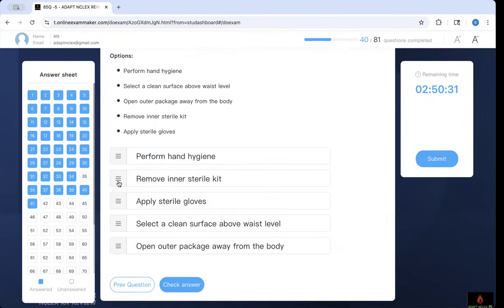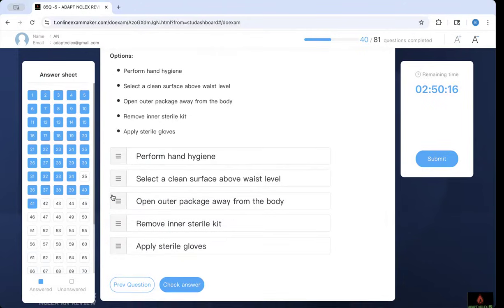And then you select the place where you want to create your sterile area, and it should be above your waist so that it doesn't get contaminated. Then you open the outer package before the inner one. And don't forget, sterile gloves are the last thing you do. Therefore, this is the way it's supposed to be.